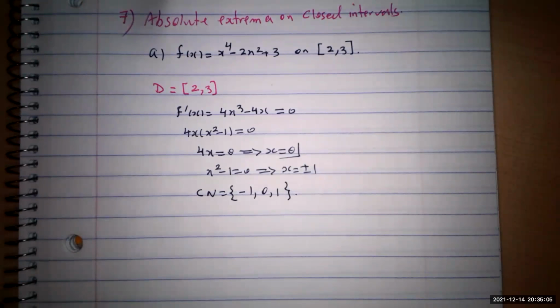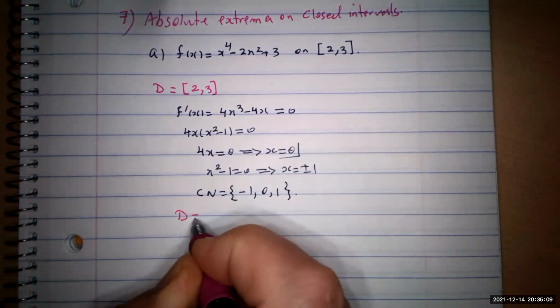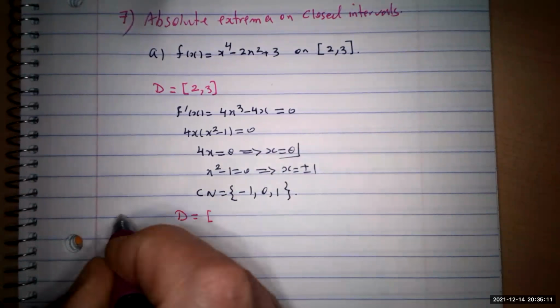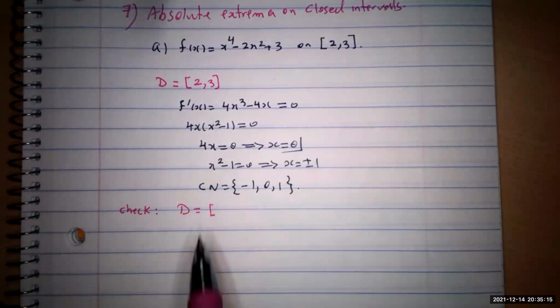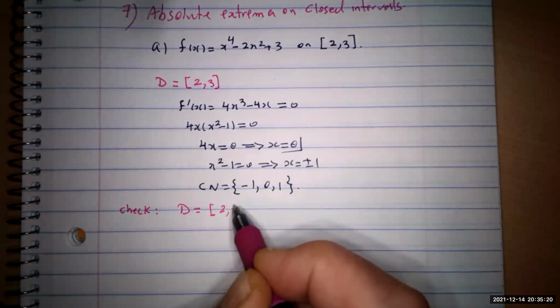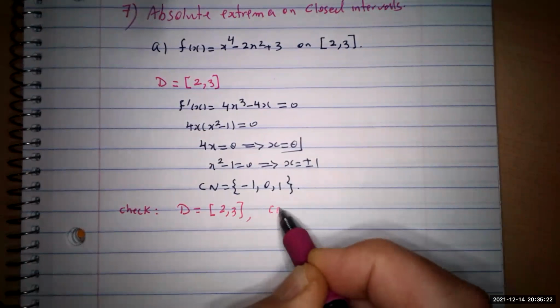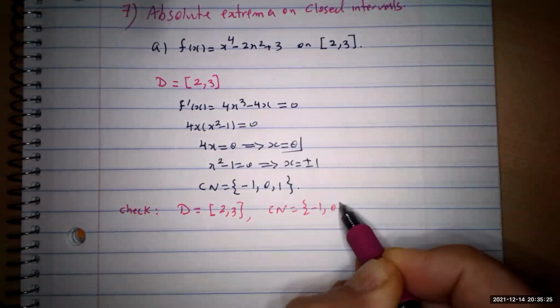Then you have to compare them with the domain. You compare it with the given domain. The domain is 2 and 3, and your critical numbers are -1, 0, and 1.